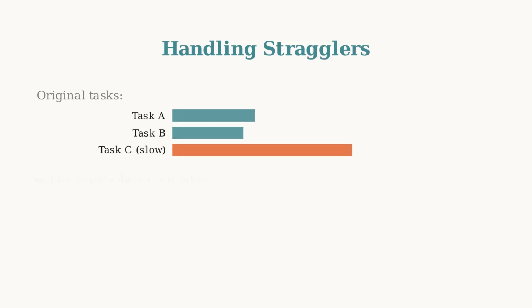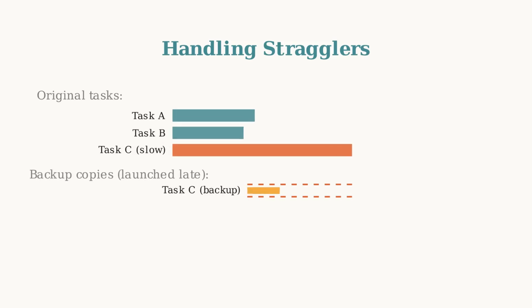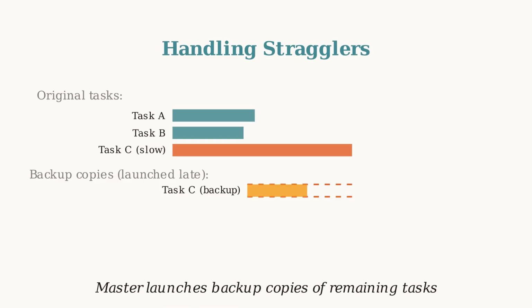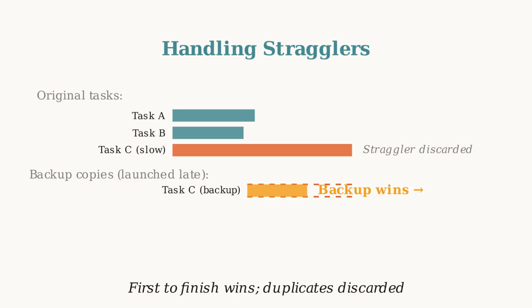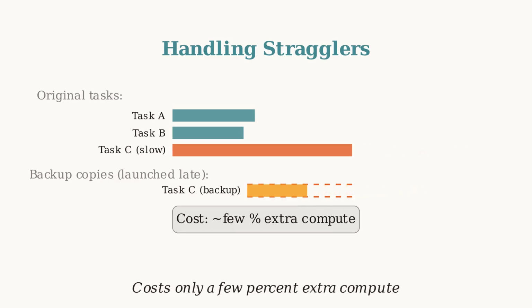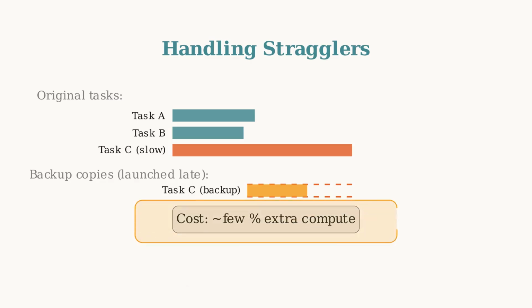When the job is close to done, the master launches backup copies of the remaining in-progress tasks on other machines. Whichever copy finishes first wins, the others are discarded. It costs a few % extra compute. And it saves enormous time. The authors show that disabling backup tasks makes their terabyte sort run 44% longer.